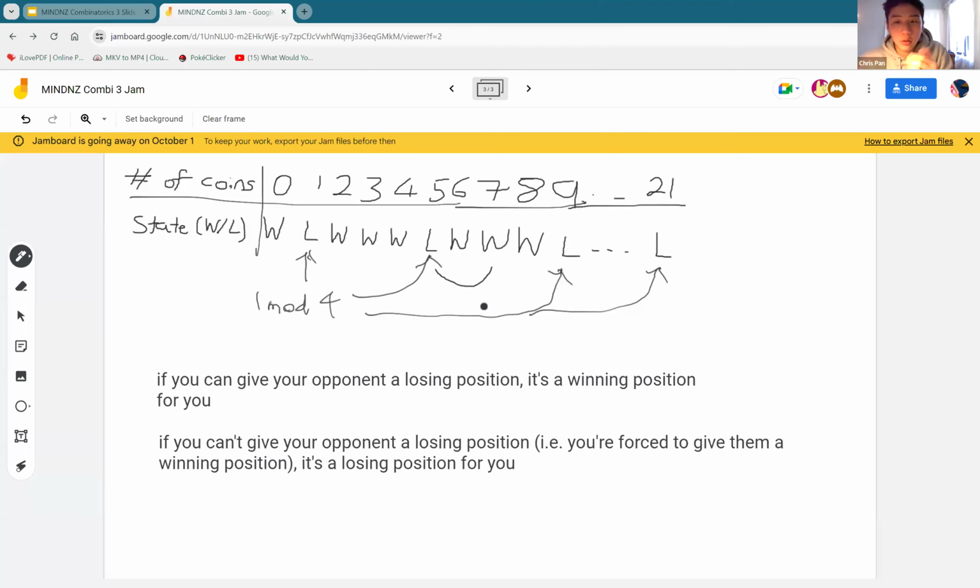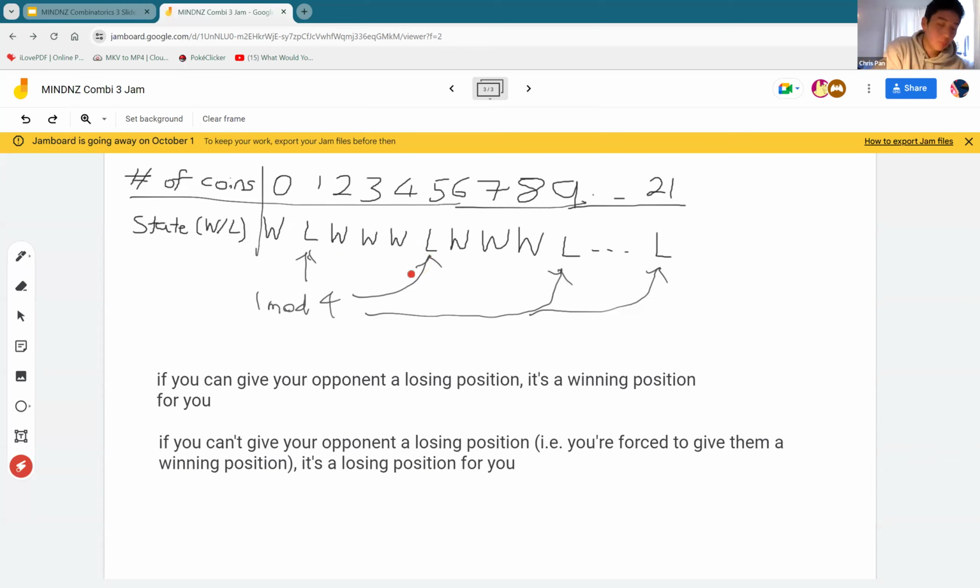This is always possible because if you are already at a position that is one mod four, then you're forced to make it into a position that is not one mod four.